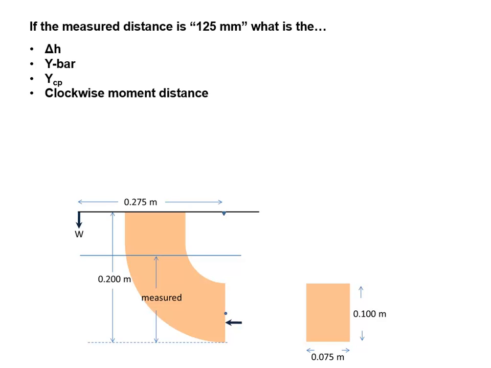The gamma is 9810 newtons per meter cubed. And the area is 0.10 meters times 0.075 meters. So the magnitude of the hydrostatic force, theoretically, is 5.5181 newtons.